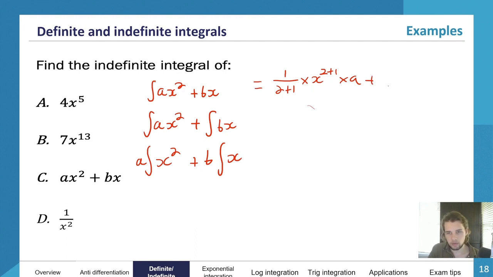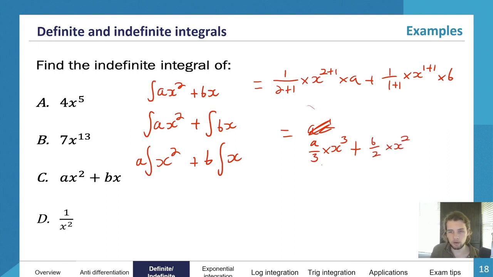So that is 1 over 1 plus 1 multiplied by x to the power of 1 plus 1, and then all multiplied by b. So that should be equal to a on 3 times x cubed plus b on 2 times x to the power of 2.